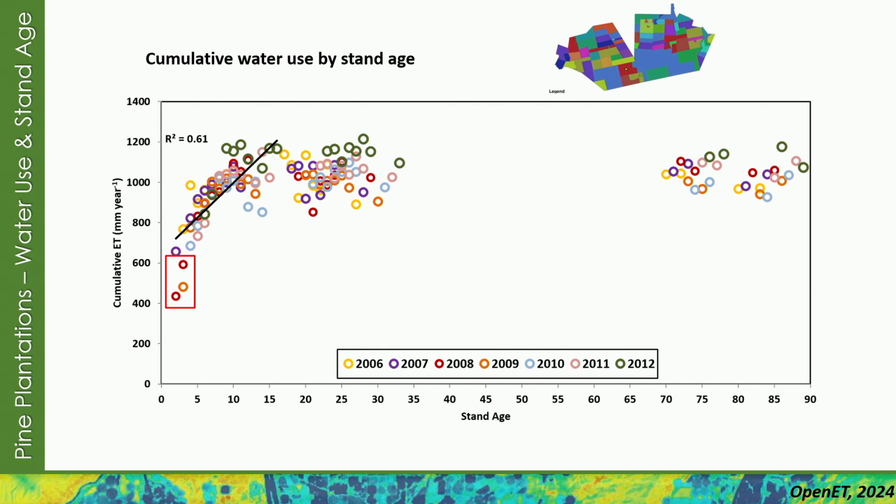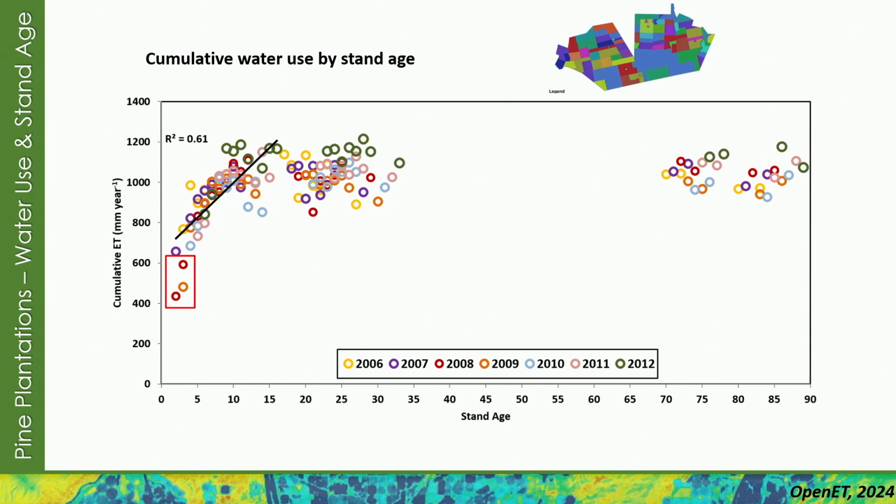We also see for this area, because it's shallow groundwater, that drought didn't really impact the mature plantations much. But for the very young plantations, you see a drop of water use during the drought year. It's just because they didn't get the time to establish their roots to use the groundwater yet.